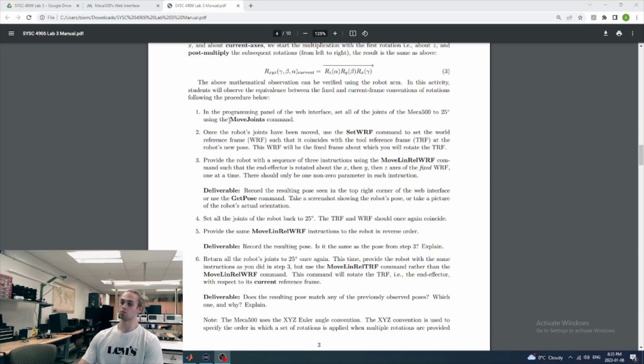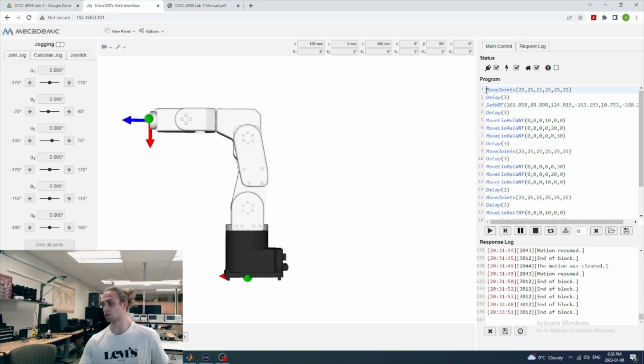First, we're going to just remove the robot from a singularity by moving all of the joints to 25 degrees. And then afterwards, we're going to set the world reference frame to coincide with the tool reference frame at the robot's new pose. So in the web interface here, first I've got the move joints command in step 1.